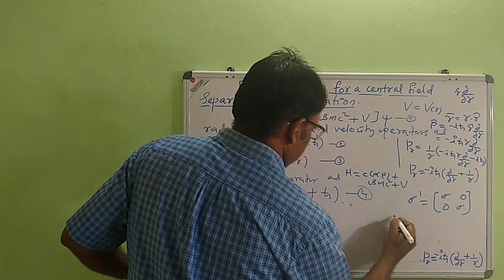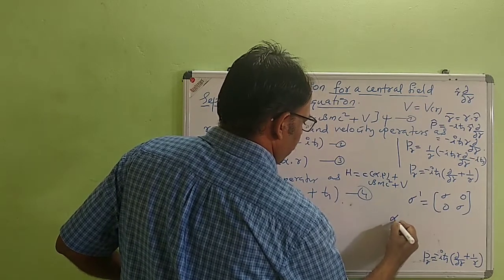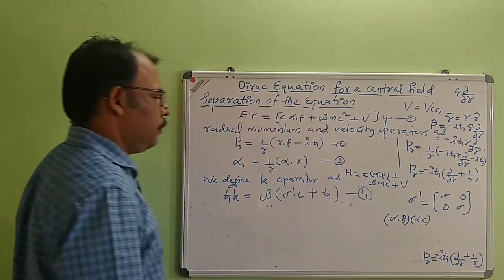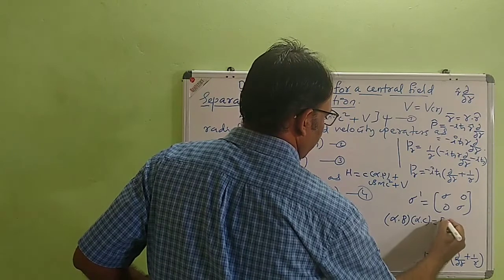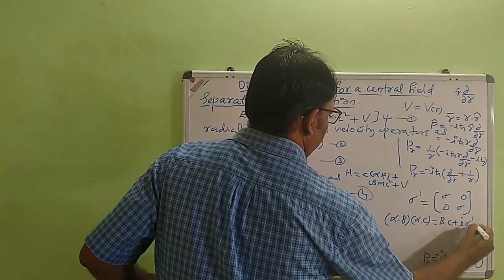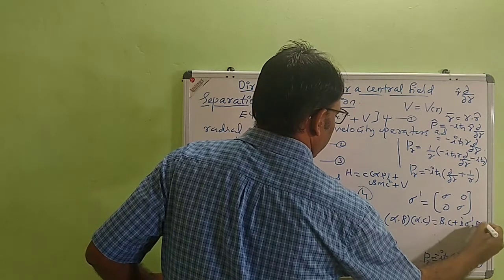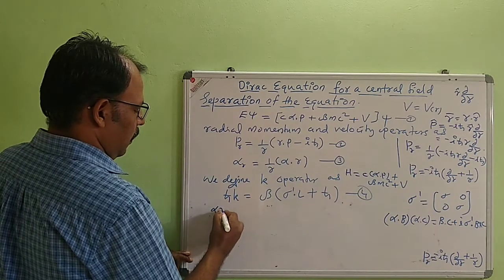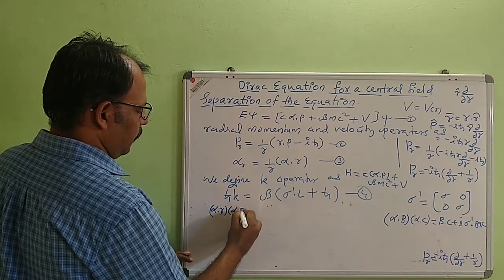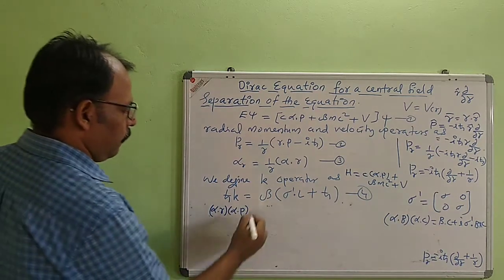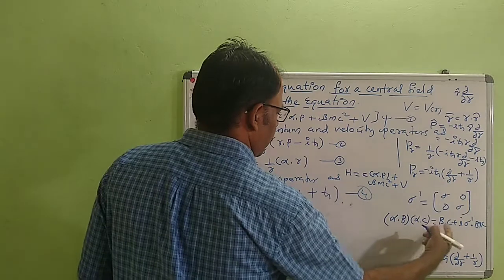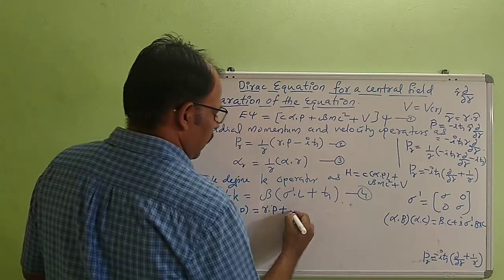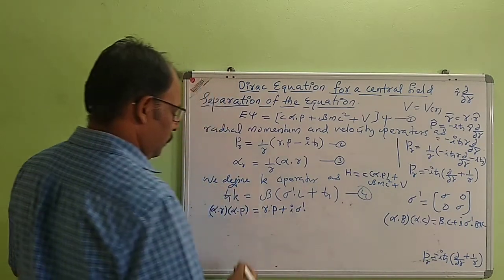The identity is alpha dot B into alpha dot C, which is given by B dot C plus I sigma prime dot B cross C. In a similar way, we can write alpha dot R into alpha dot P equal to R dot P plus I sigma prime dot R cross P.